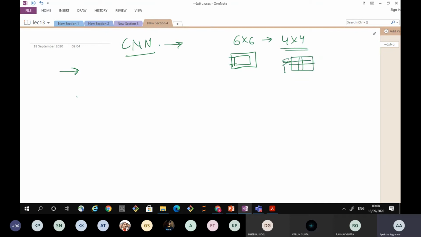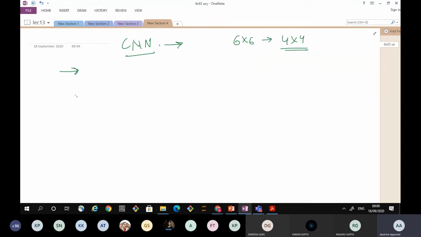So upper row and lower rows are reduced, and this to one pixel, basically to one value. So that is why in horizontal direction as well as in vertical direction, this part and this part is reduced. That is why 6x6 image is reduced to 4x4, and we don't want this in any case. We don't want our information to get lost.